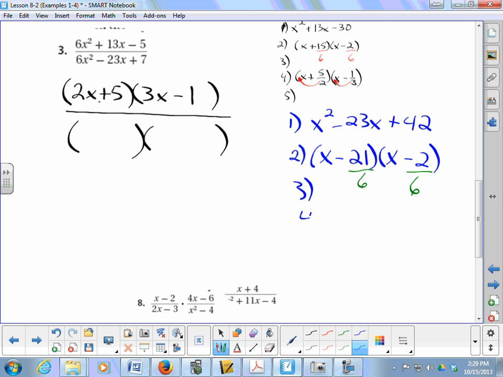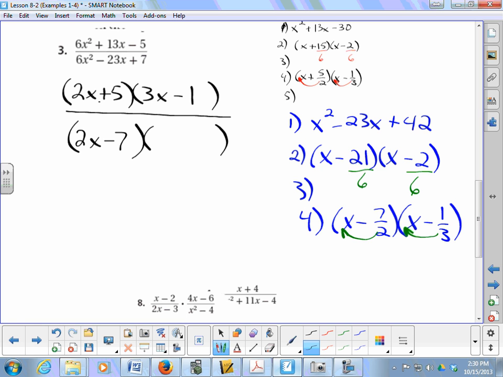Then we simplify it, and we get x minus 7 halves and x minus 1/3. The last step is to move the denominators, so we get 2x minus 7 and 3x minus 1.